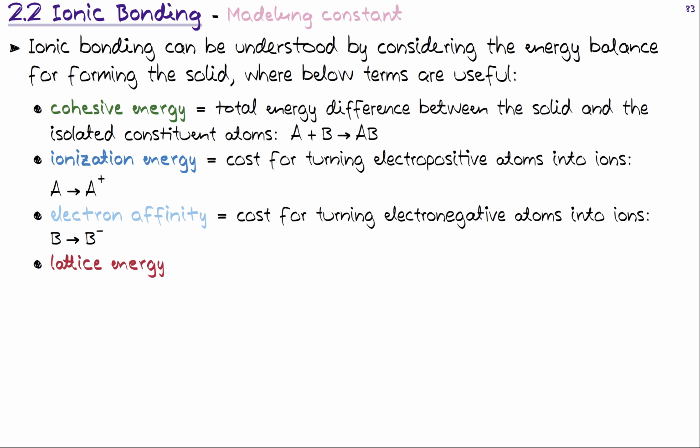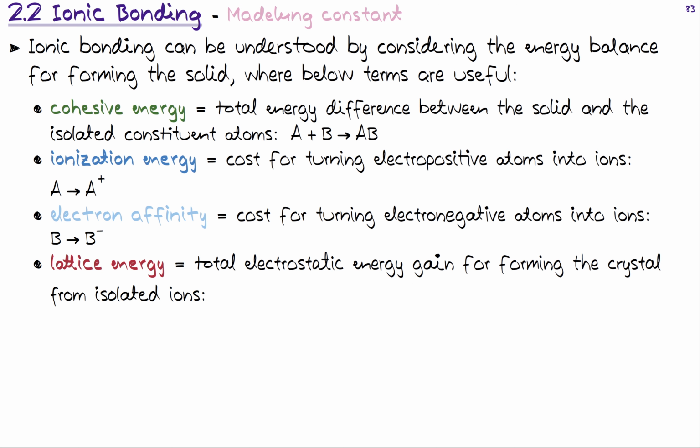And then the lattice energy is the final term to cover here, and that's the total electrostatic energy gain when we form the crystal from its isolated ions. So in practice, when we have atoms in ionic form, A+ and B minus, and when those form a substance, the amount of energy we need or get is known as the lattice energy.